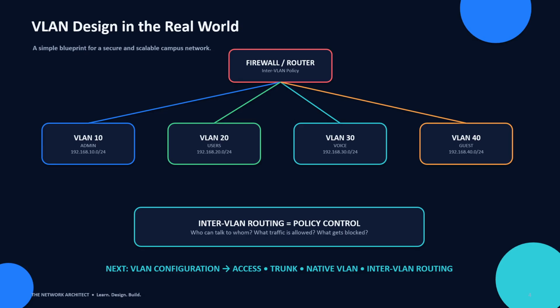This type of design is commonly used in corporate offices, data centers, hospitals, airports, universities, government organizations, or large campus networks. So VLANs are not just a theoretical network concept, they are used in day-to-day real production networks. Hope you have understood the complete theory about VLANs, and thank you very much for your time.